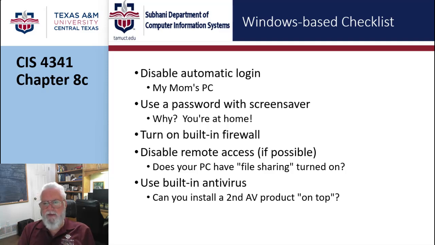Most all operating systems now have a built-in firewall, and obviously you should probably turn that on. And then if you have remote access, for example, I've seen people who had a main machine and the kids' machine, and they allowed what's called a network share across the network, so that the kids sitting in their room can bring up the family photos that are on your PC.